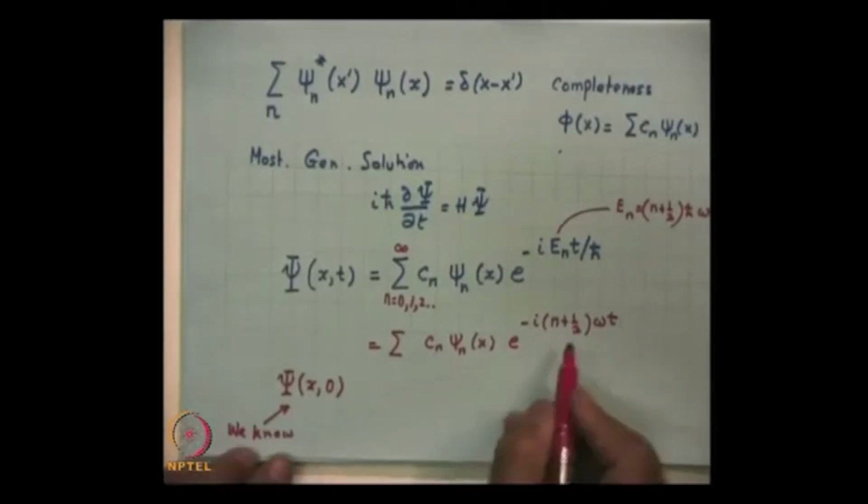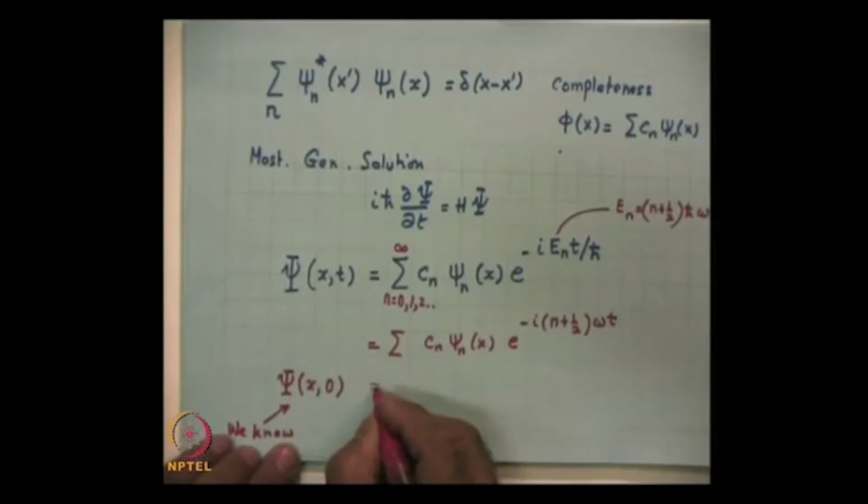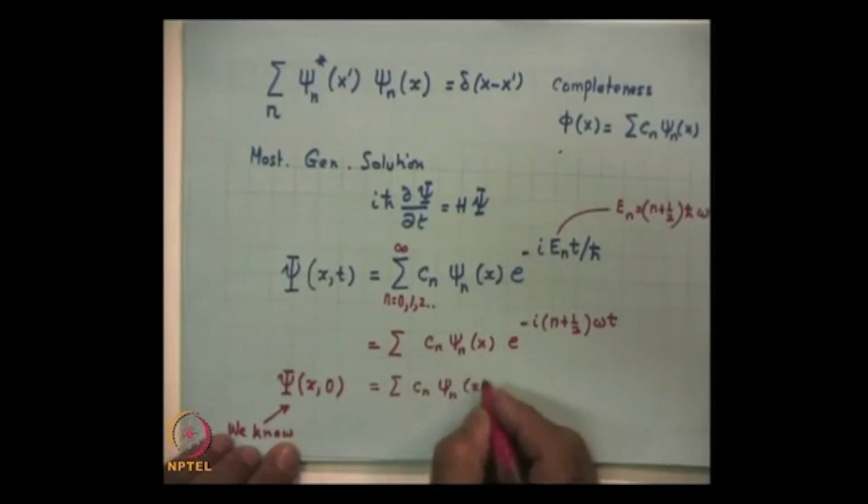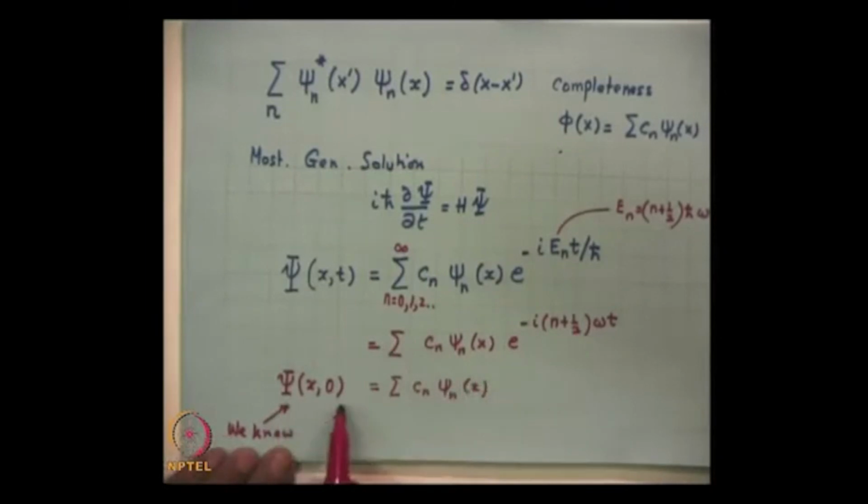So, I substitute t equal to 0 here, and I will get C n psi n of x. I know this function. So, using this equation, I will find out C n. I know psi of x comma 0, I know psi n of x. These are the Hermite Gauss functions.